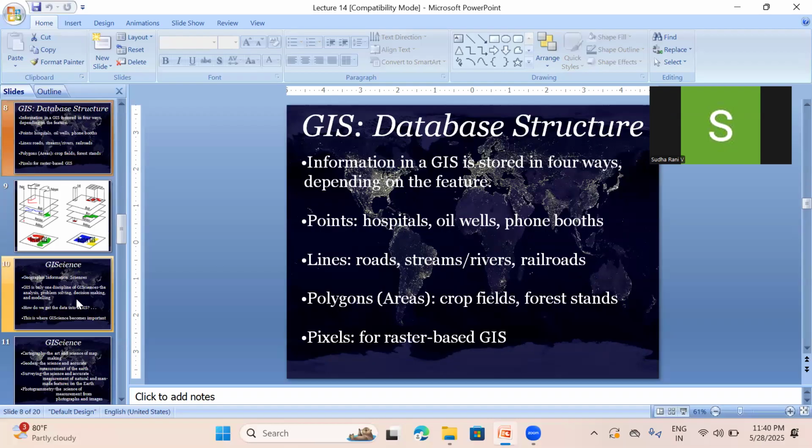Information in GIS is stored in 4 ways depending on the feature. First, points like hospitals, oil wells, phone booths. Second, lines like roads, streams or rivers, railroads. Next, polygons like crop fields, forest stands, and last is the pixels for raster-based GIS.